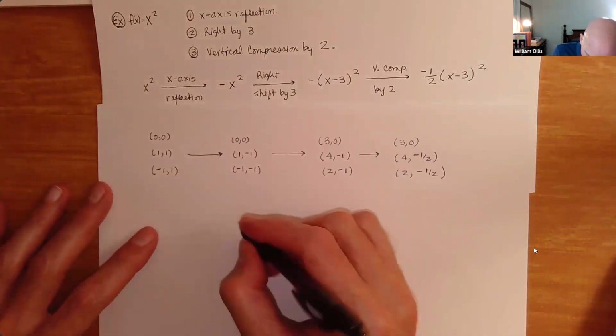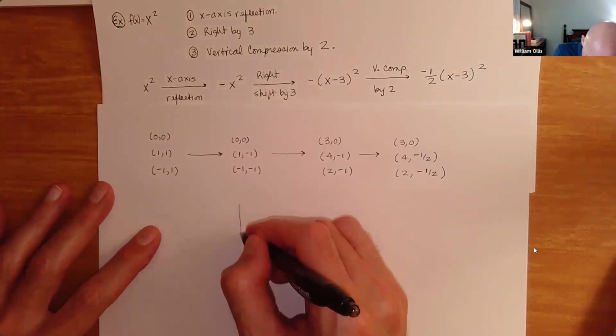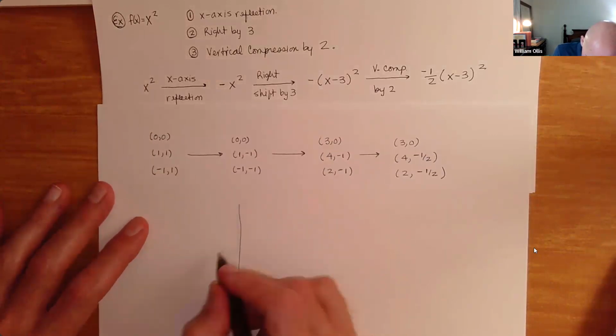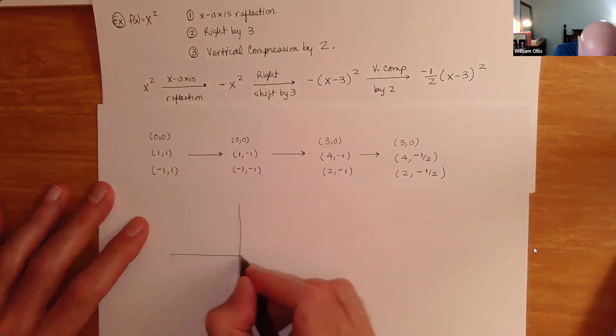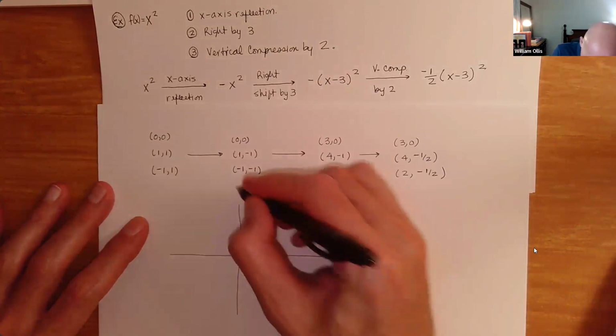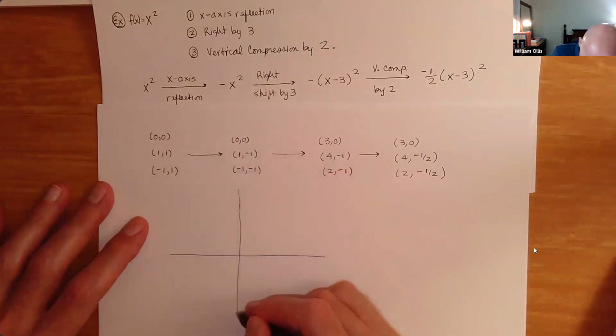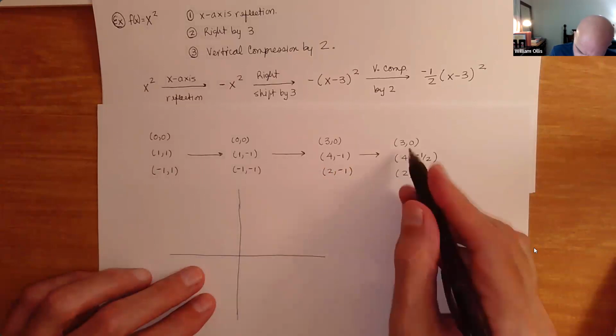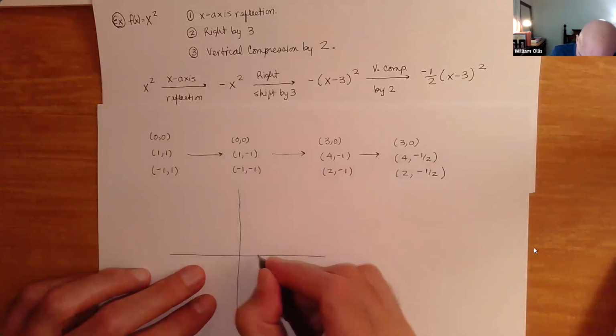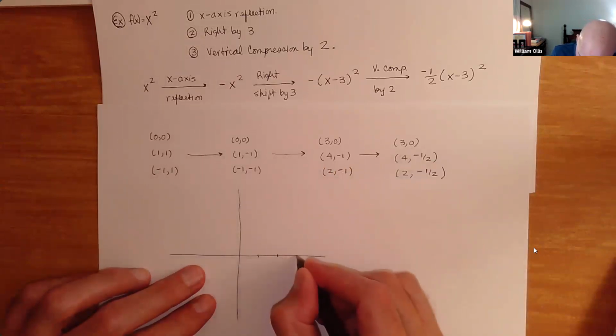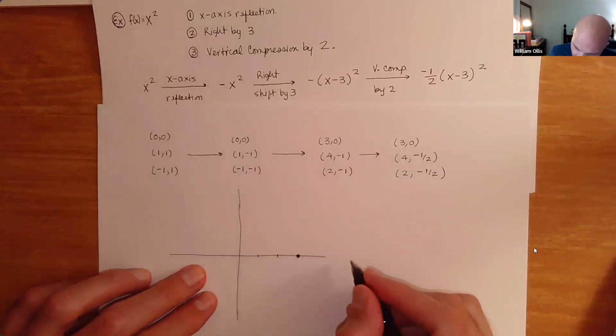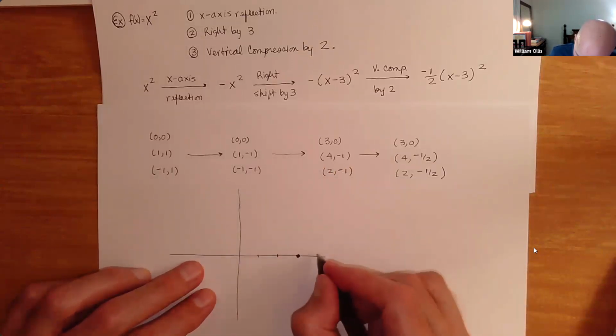So let's go ahead and graph this. We'll spread it out a little bit. So we have 3, 0, 1. We'll spread it out so we can see it. And then we have 4, -1/2.